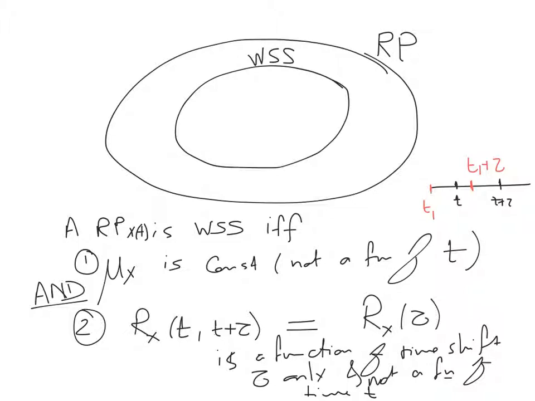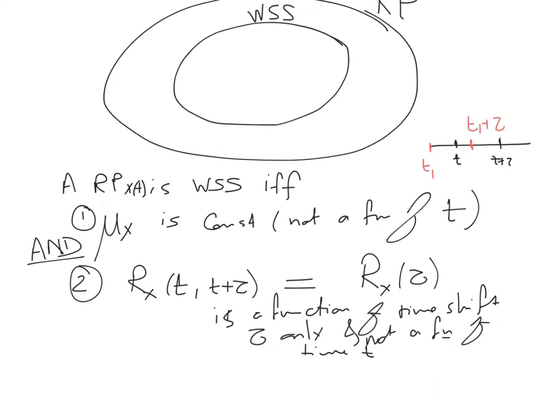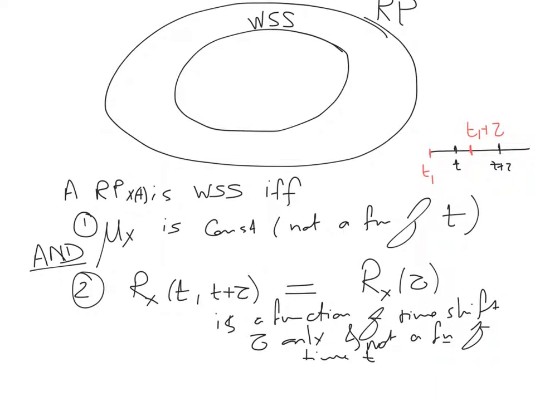Now, what we looked at last time as well is the ergodicity of the random process. For a random process to be ergodic, there is another set of conditions.